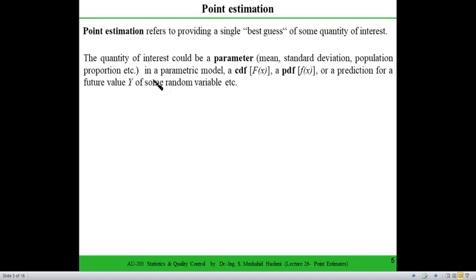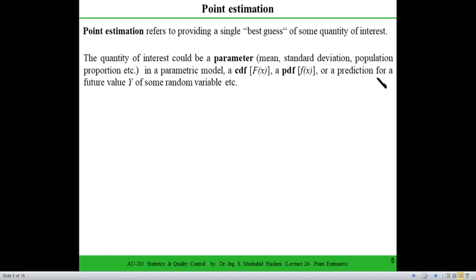Or the quantity of your interest could be the PDFs and CDFs. You are interested in finding out the overall behavior of x: small f of x gives you the probability, and capital F of x gives you the cumulative distribution function, which we have already explained earlier.